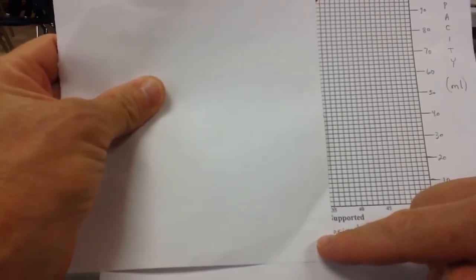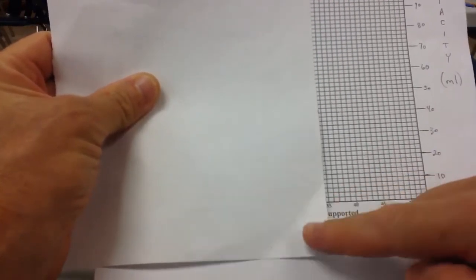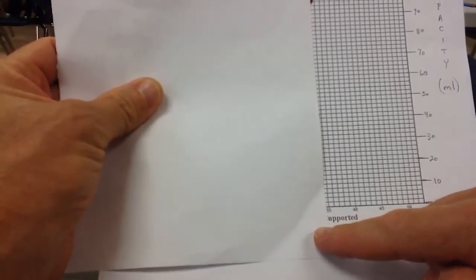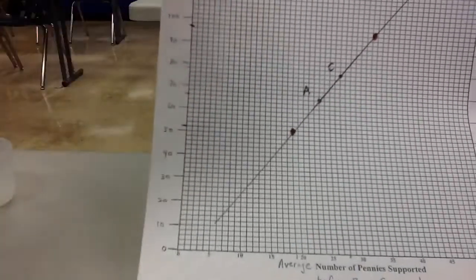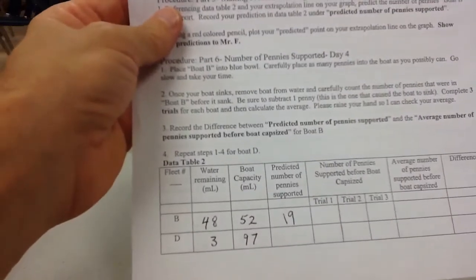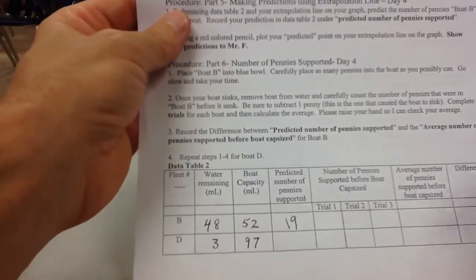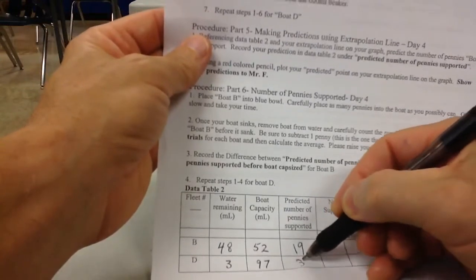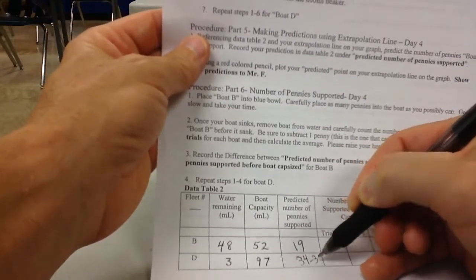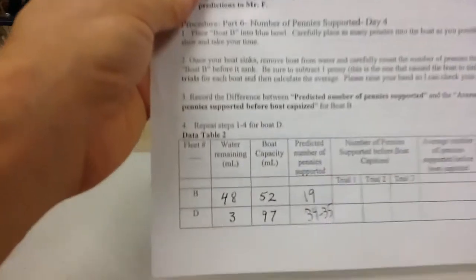Somewhere between 34 and 35 pennies will it support if I follow right along down from there. So now I will write that value in. So my prediction, according to my extrapolation line, would be anywhere from 34 to 35 pennies. So that's what I'll do.